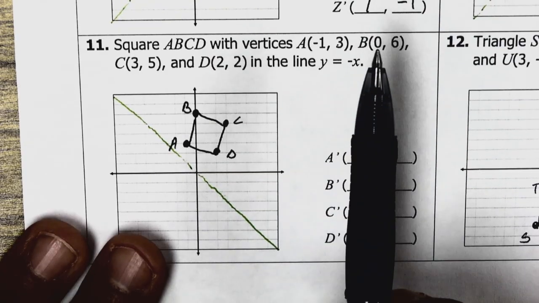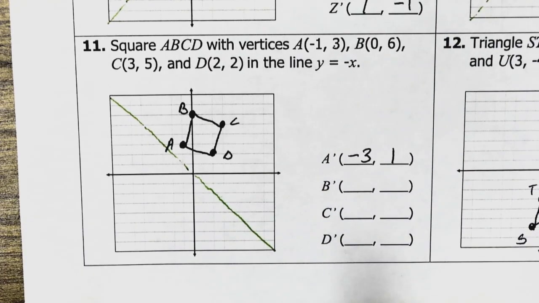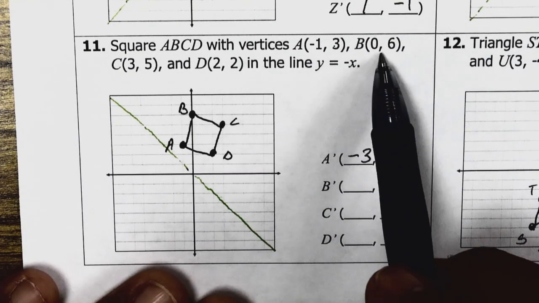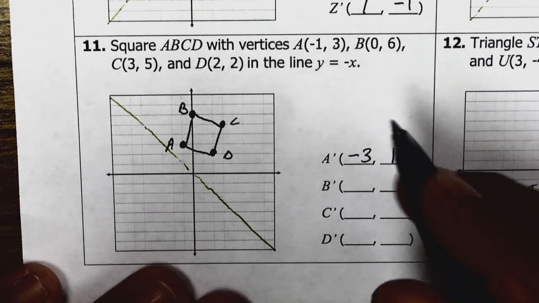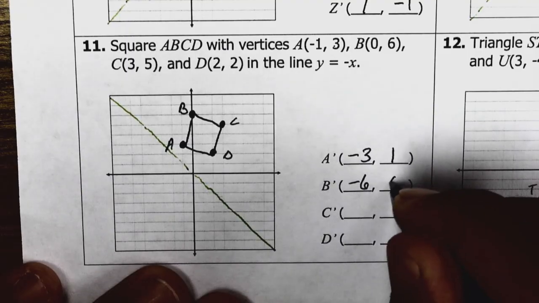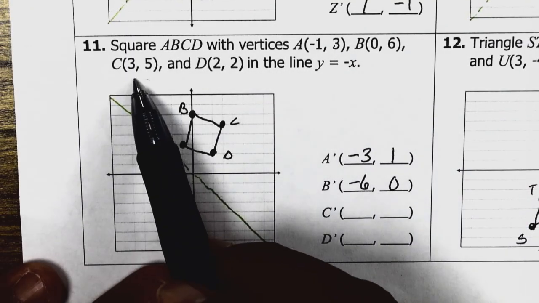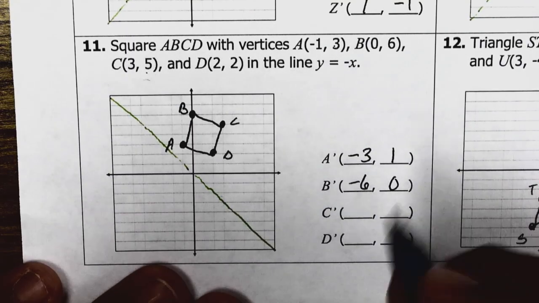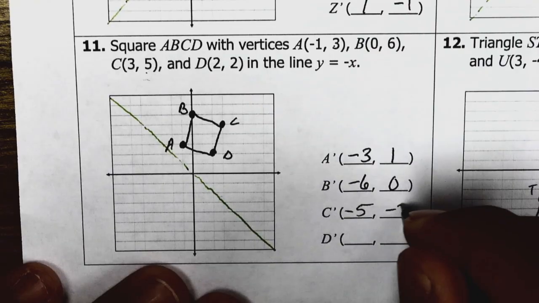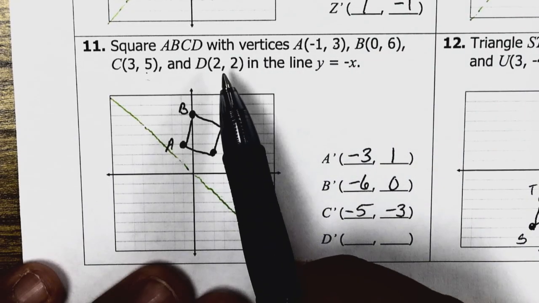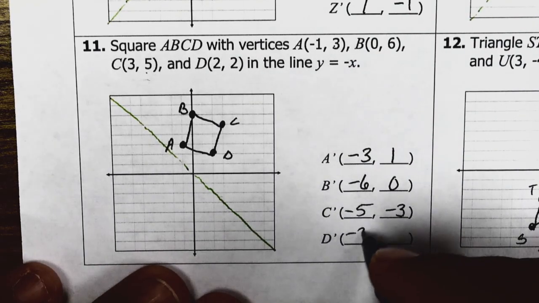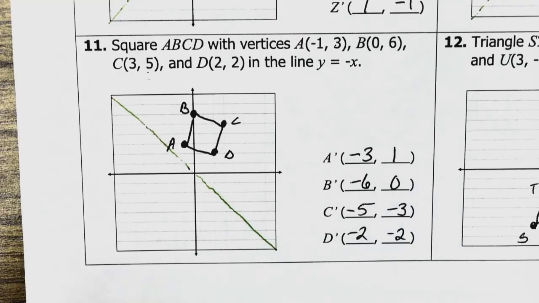And then of course if you have a 0, well 0 does not have a sign, so that means that 0 stays the same. But this 6 will turn into a -6. So for B prime it'll be -6, 0. For C prime it's going to be -5, -3. And for D prime it's going to be -2, -2.